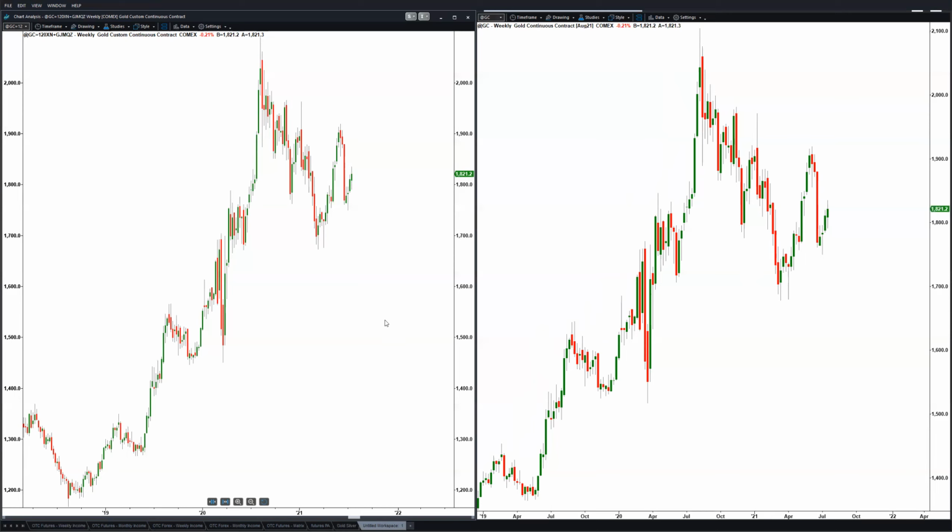And from a logic point of view, this makes a lot of sense. Why? Because it shows you literally the rollover gaps.